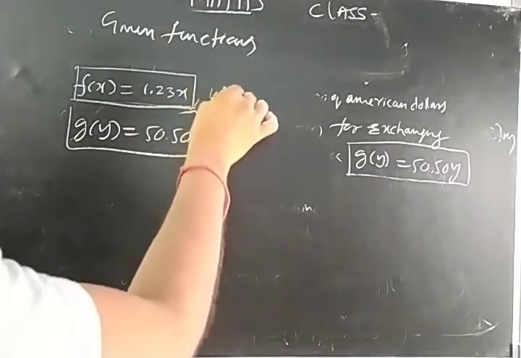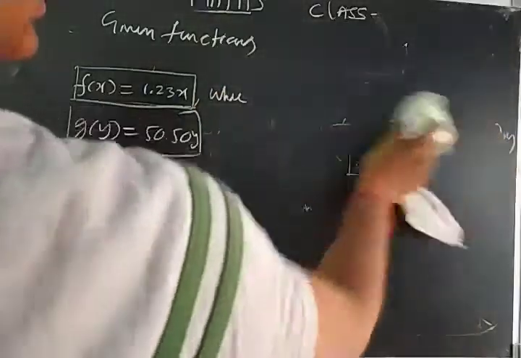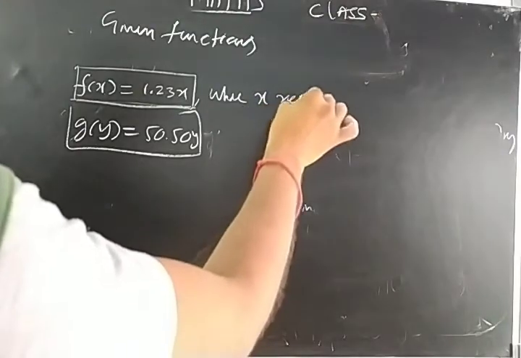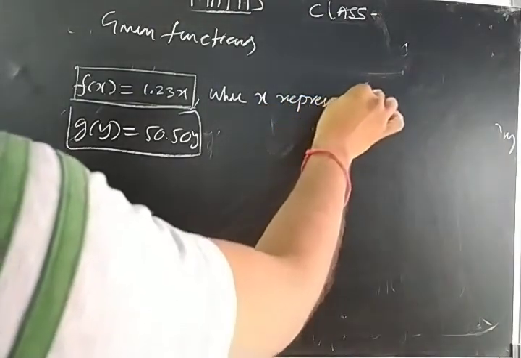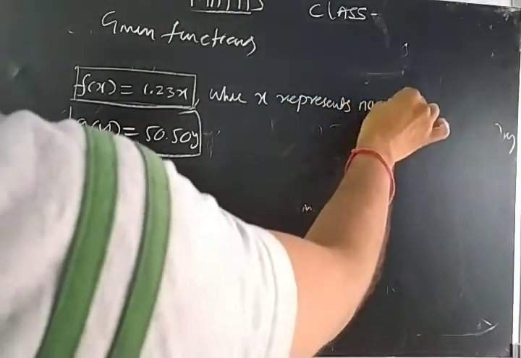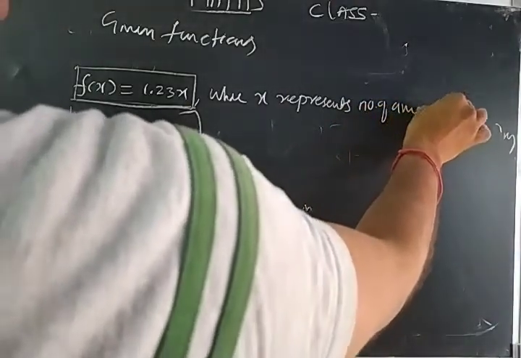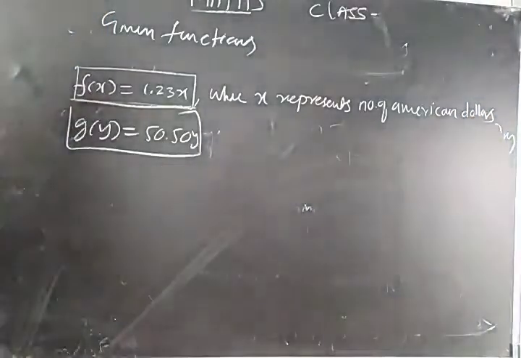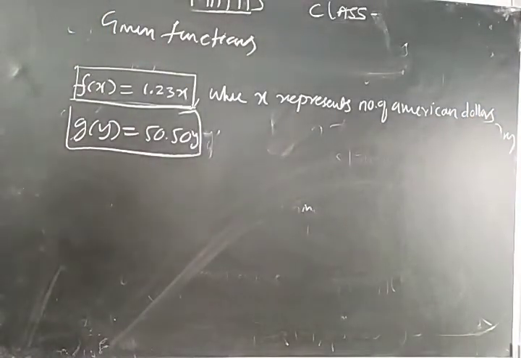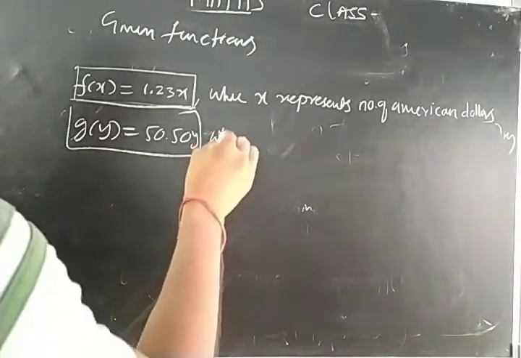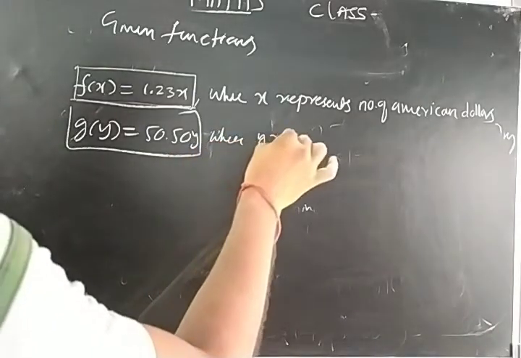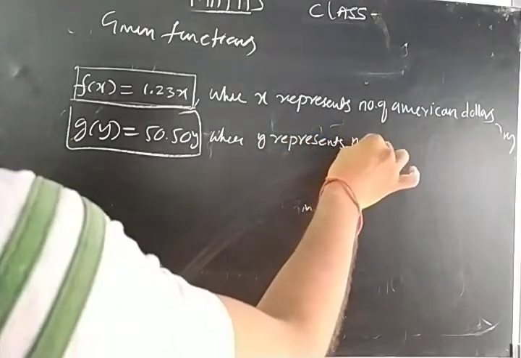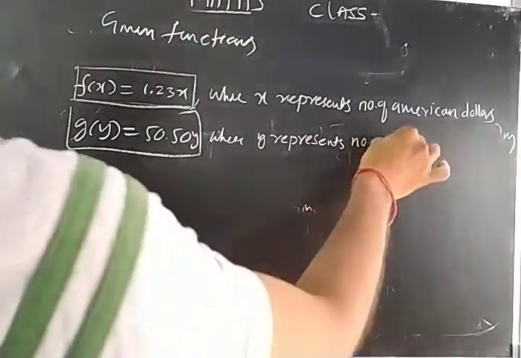Here x represents the number of American dollars, and y represents the number of Singapore dollars.